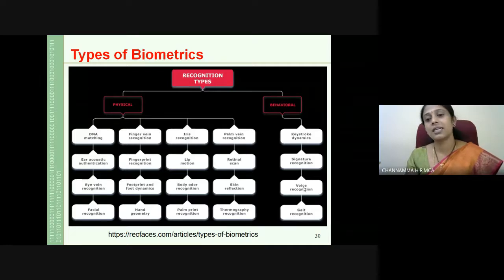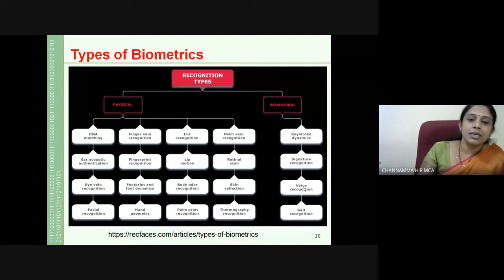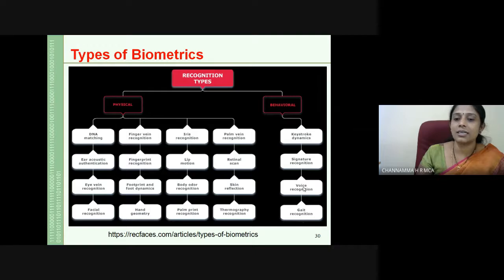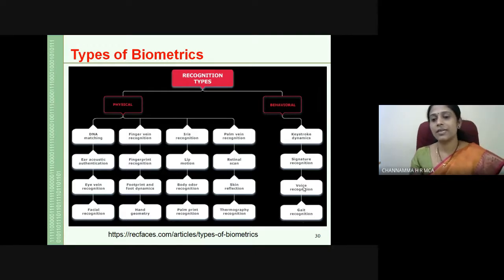But there are many other biometric traits available, like thermography recognition, which identifies a person because when blood moves, it produces some heat. Based on that, it is possible to identify a person.